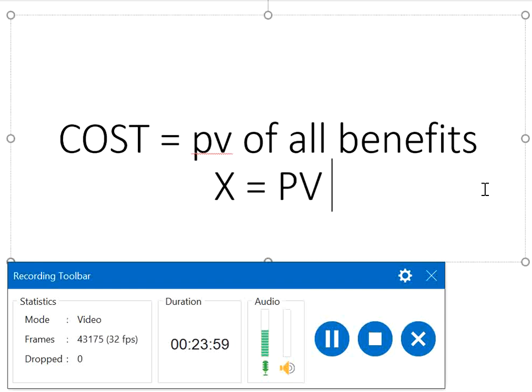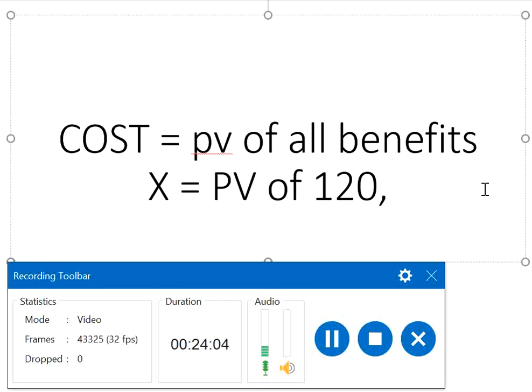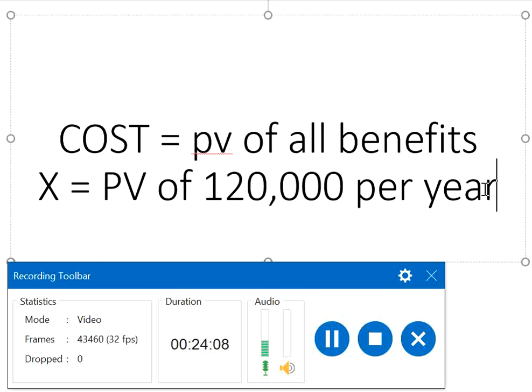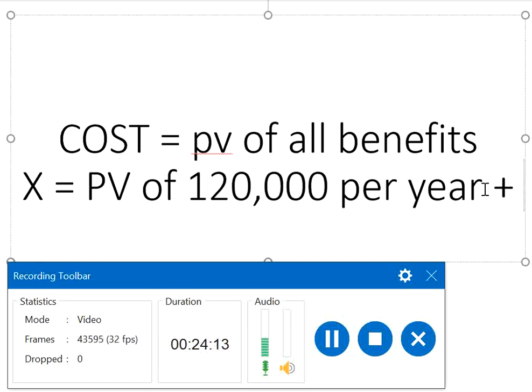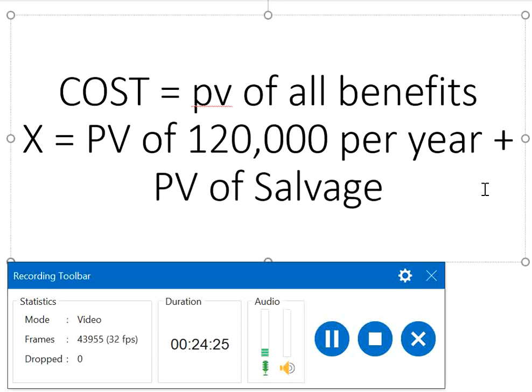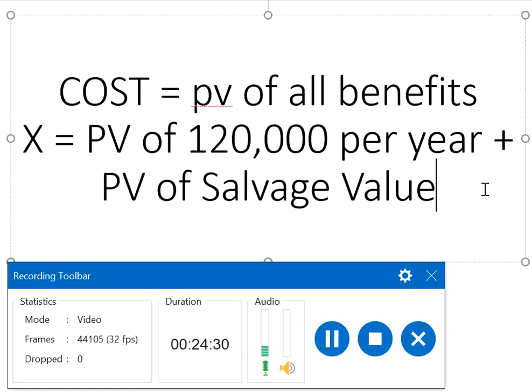So the present value of 120,000, which is per year, plus the present value of the salvage value. Yes, so this is our equation.